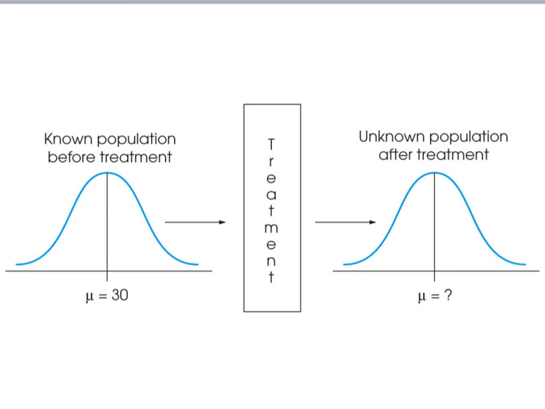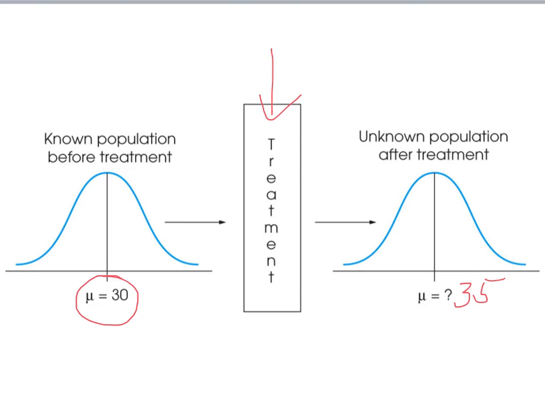So we use t if we have a hypothesis about a treatment and we think that this treatment is going to change the population average in some way. If the treatment worked, then the sample mean, or the estimated population mean that we know from the sample, might be 35. And we'd say, oh, the treatment boosted the score in some way, or boosted the weight, or boosted the miles per gallon for the cars in some way.